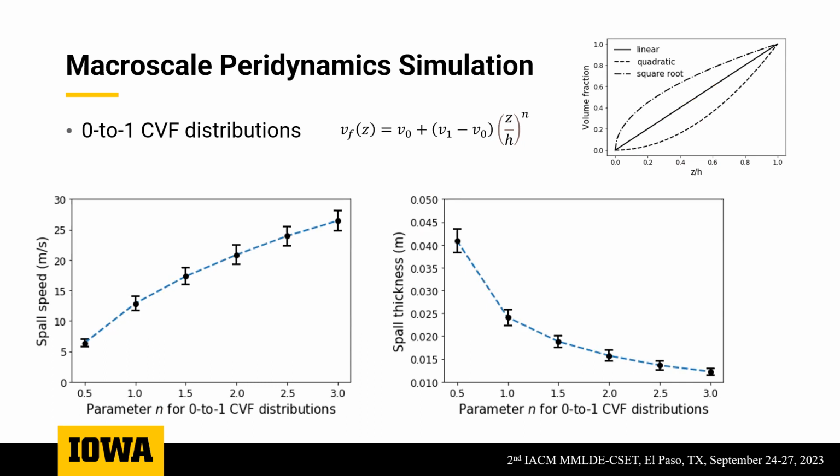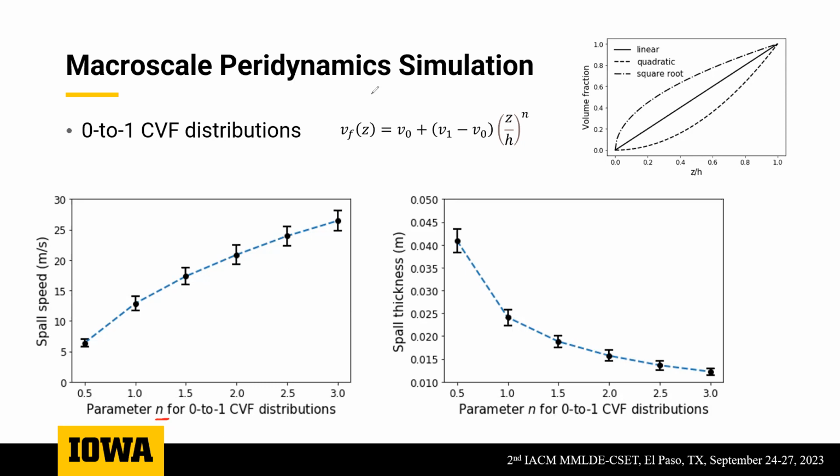Here we studied the explosion force applied on the metal surface, and then the spallation occurs close to the ceramic surface. So we can tell how the ceramic volume fraction distribution has a significant impact on the spall speed and the spall thickness. And here N controls the ceramic volume fraction distribution.